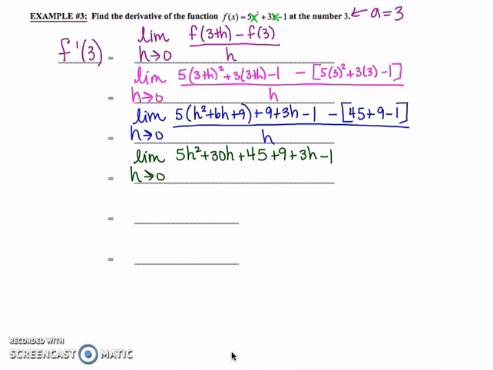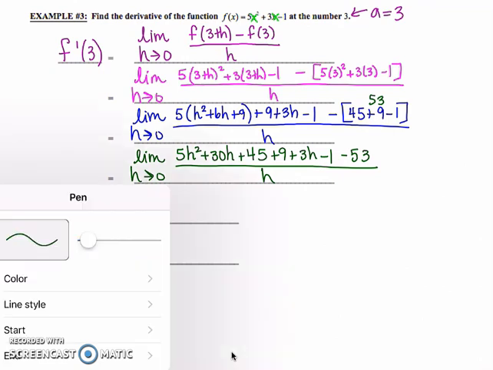And then 45 plus 9 would be 54, minus 1 would be 53. So minus 53, right? Because this whole thing right here is 53, if I combine that together. And this is all over h. Okay, now hopefully you've noticed that there are going to be some nice things that are going to start to simplify here when I combine like terms.